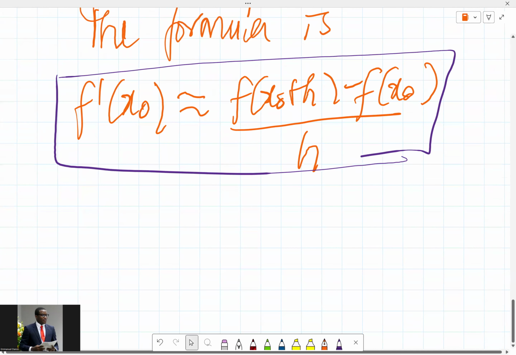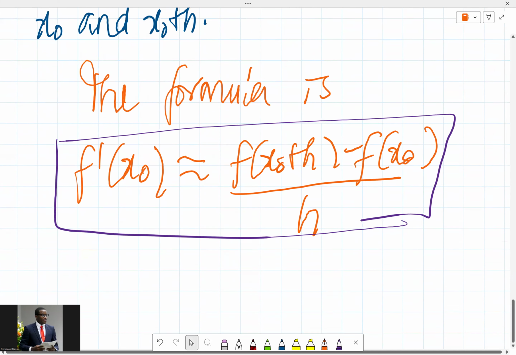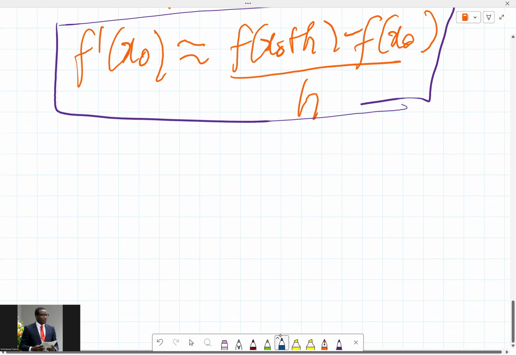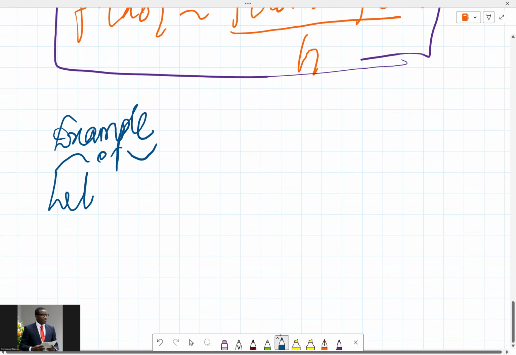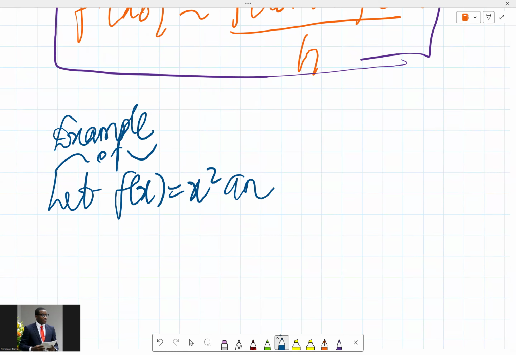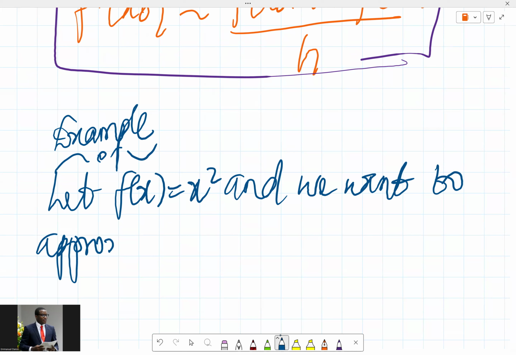Let's take an example of this then. Example for forward difference. Let f of x be equal to x squared, and we want to approximate f prime of 1. Of course, x squared is simple, but it will help us understand easily.